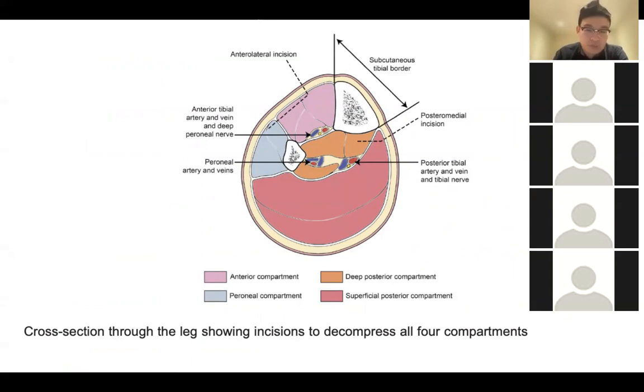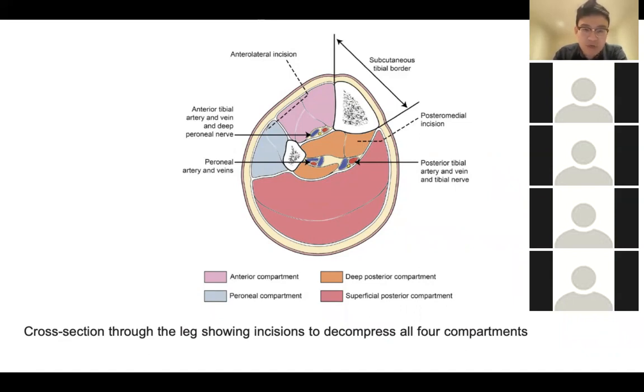And the neurovascular bundle is between the anterior compartment and deep posterior for anterior tibial artery and deep peroneal nerve. And the posterior tibial artery and tibial nerve is between the deep posterior and superficial posterior. And we'll come to why this is important later on.